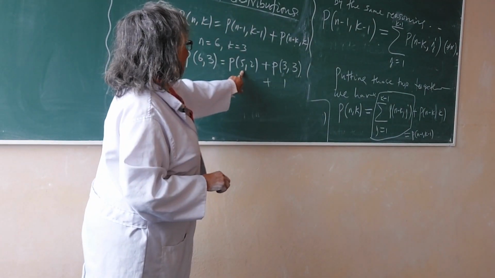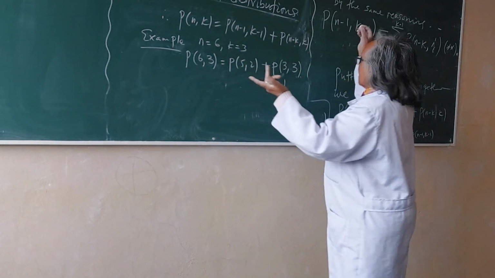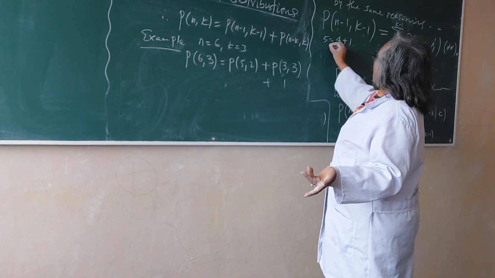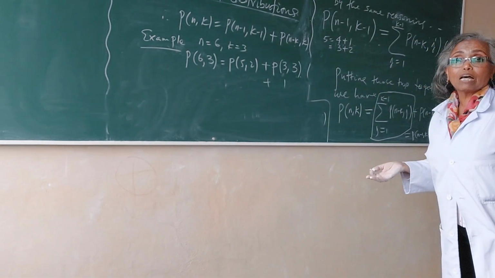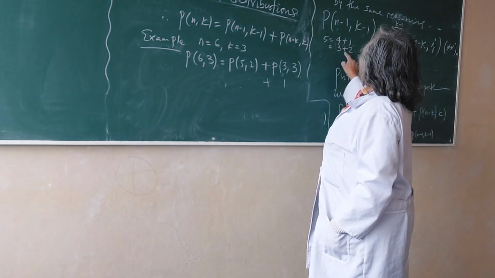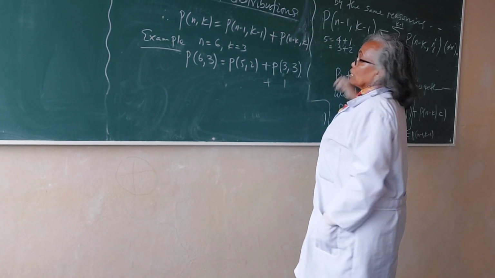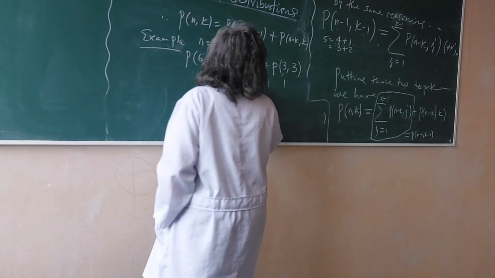In how many ways can we partition 5 into 2 parts? We have seen 5 can be given as 4 plus 1 or 3 plus 2. What else? Nothing. You see, order does not matter, so it's either 4 plus 1 or 3 plus 2. 2 plus 3 is the same as 3 plus 2. Therefore, this is 2.